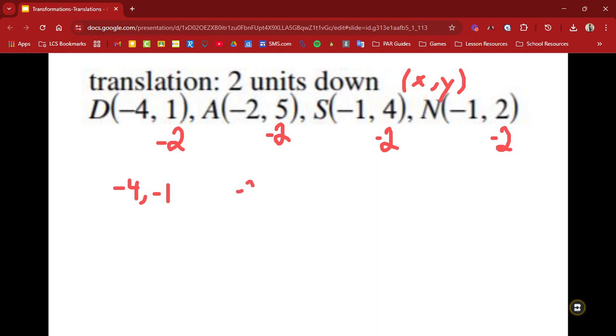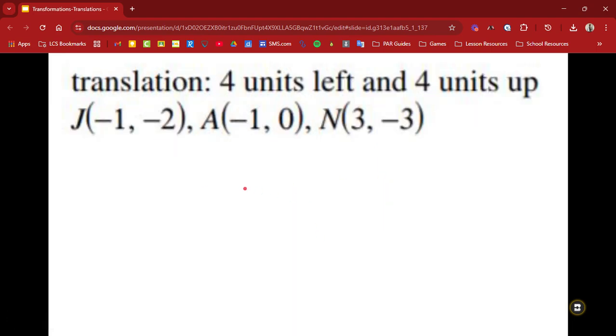This is going to be -2 and 3. And this is going to be -1 and 2. And this is going to be -1 and 0. All right, that's how you would do this. And then, of course, I would label this as D prime, A prime, S prime, and so on and so forth. All right, let's see if we can do this last one.